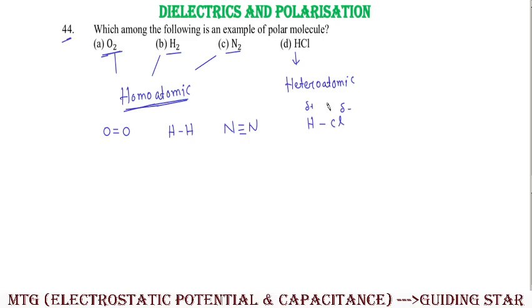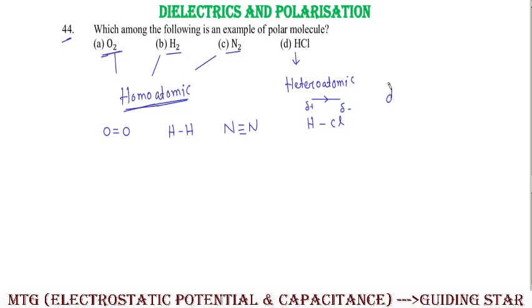Here we can check the dipole moment. How do we indicate the direction of dipole moment? It will be from less electronegative atom to more electronegative atom.